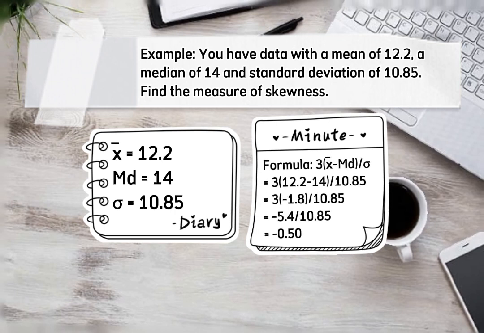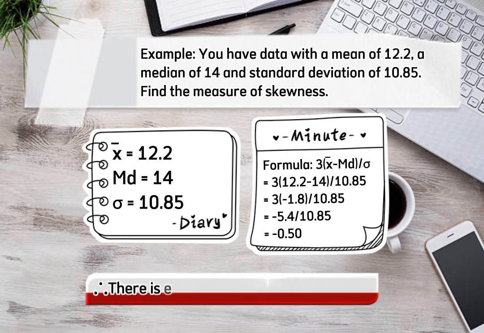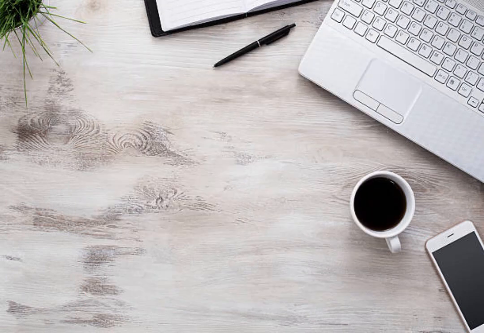Formula: 3 times the difference of mean and median over the standard deviation. 3 times the difference of 12.2 and 14 over 10.85. 3 times negative 1.8 over 10.85. Negative 5.4 over 10.85 is equal to negative 0.50. Therefore, there is a negative skewness, negative 0.50.